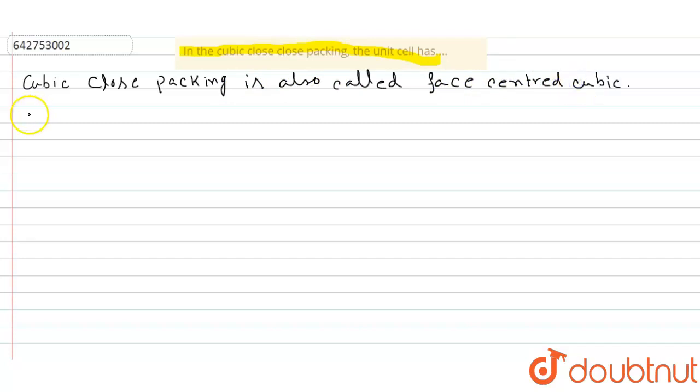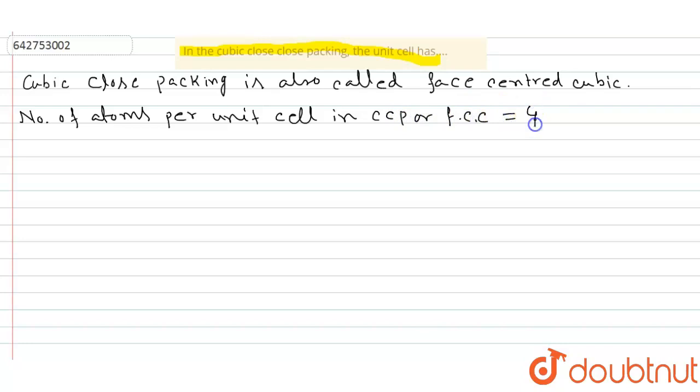Now we know that number of atoms per unit cell in CCP or FCC, that is 4.